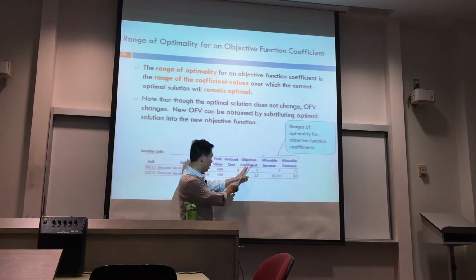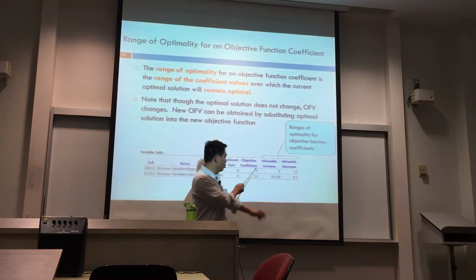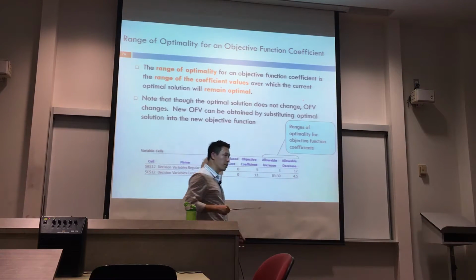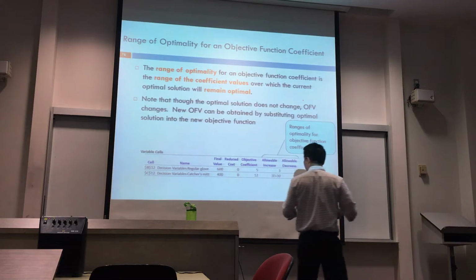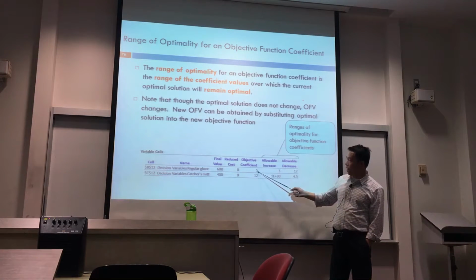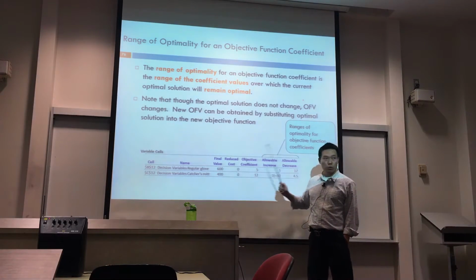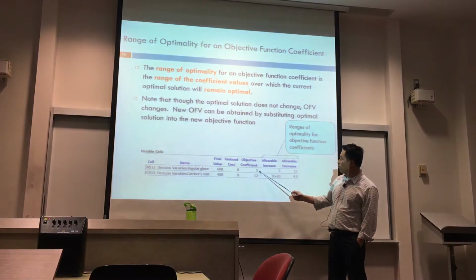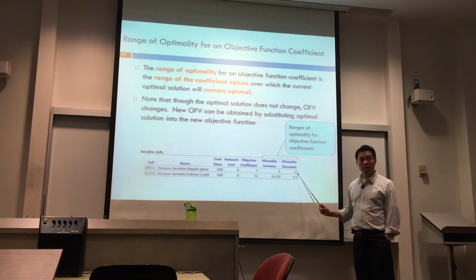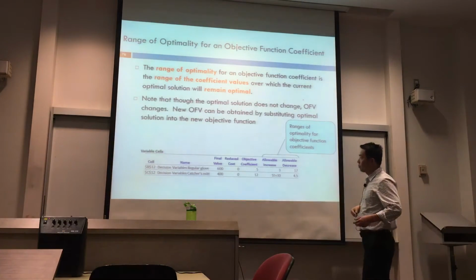And those are the objective function coefficients, 5 and 12 in the original problem, and those are the range of optimality. So you can increase this coefficient 5 by 3. So this number can be increased to 8 without changing the optimal solution. This number can be decreased by 17 without changing the optimal solution. Okay?